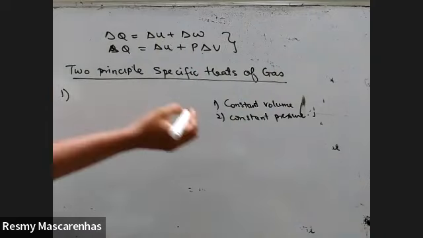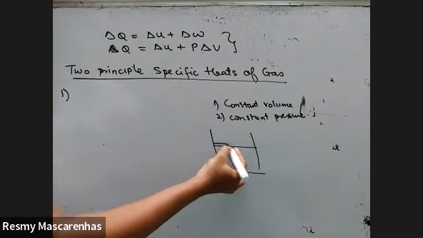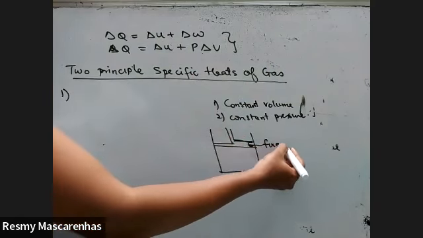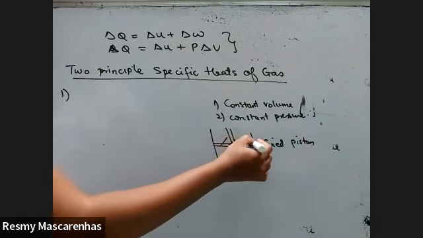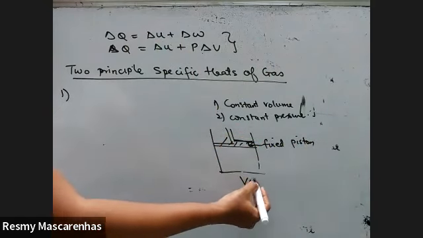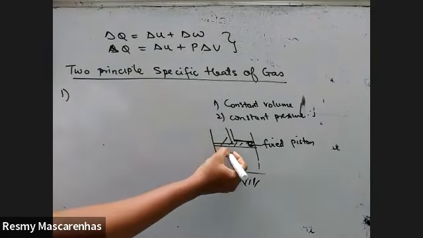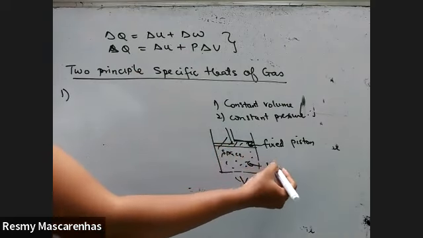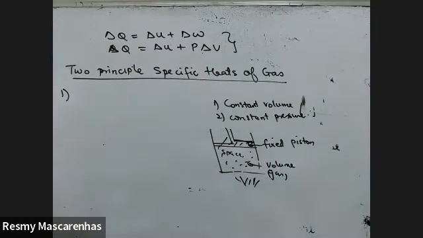So what is basically done to keep a constant volume is they fix the piston. It cannot be moved. Now it cannot move, and heat is supplied. What is going to happen? The space inside is called the volume, and there is a gas filled in it.